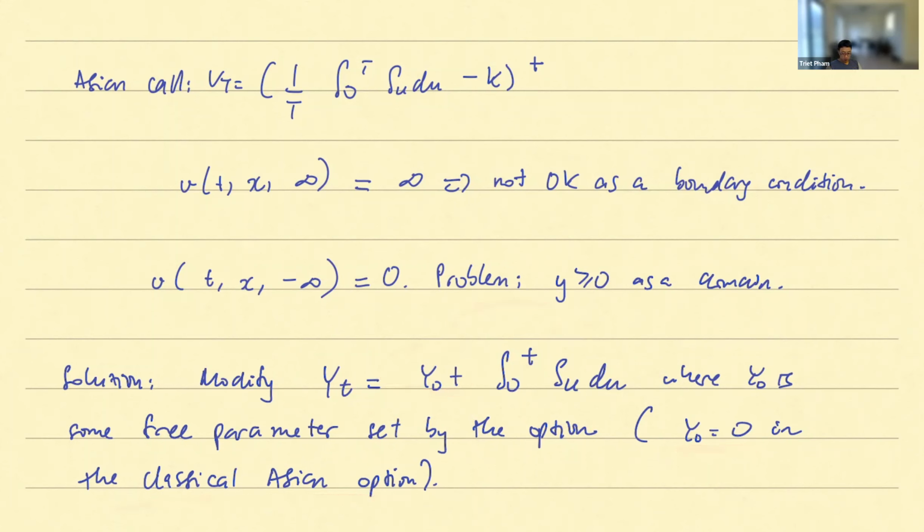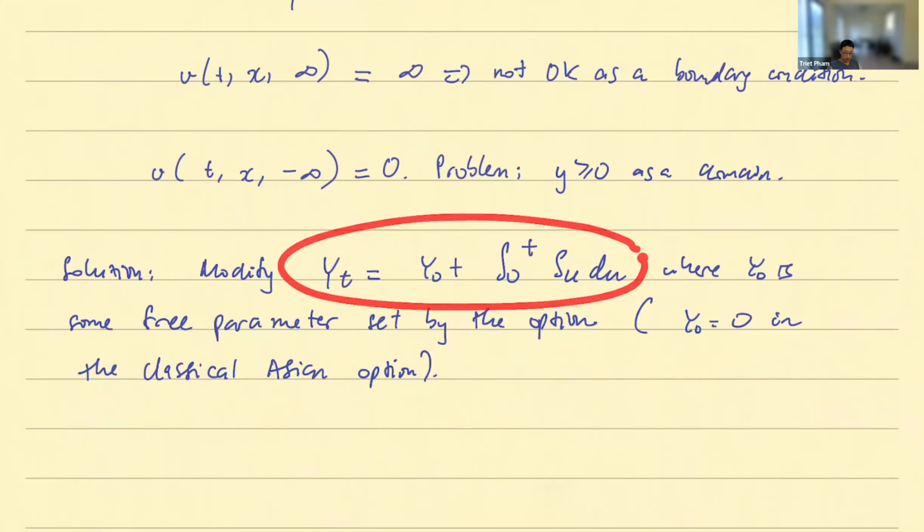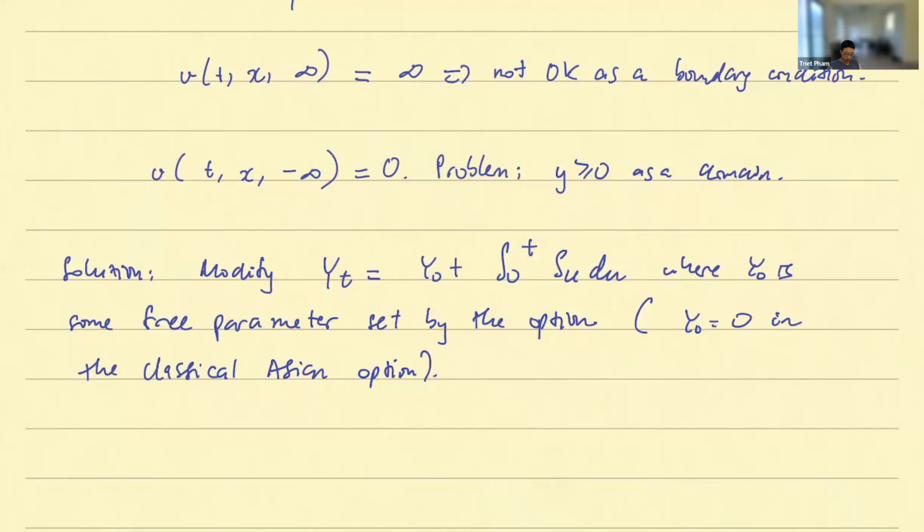But mathematically, there's nothing wrong with defining something like this, and then defining the payoff as V big T is this. So now you define the payoff as 1 over T, Y big T minus K plus. Well, Y big T is this. Now it depends on one extra free parameter.